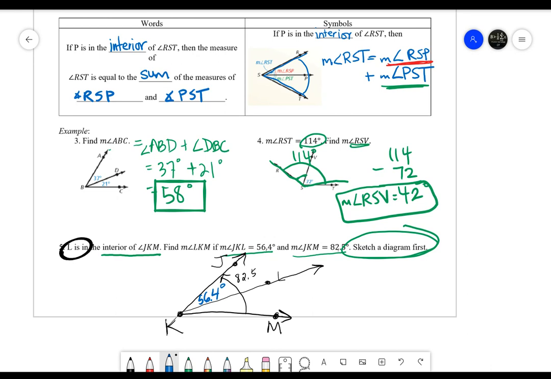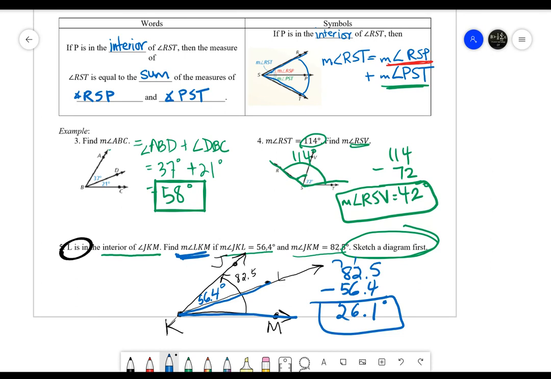So it's asking you to find LKM. So all of it is 82.5, and you're going to subtract 56.4. So 26.1 degrees. And hopefully we got all that down.